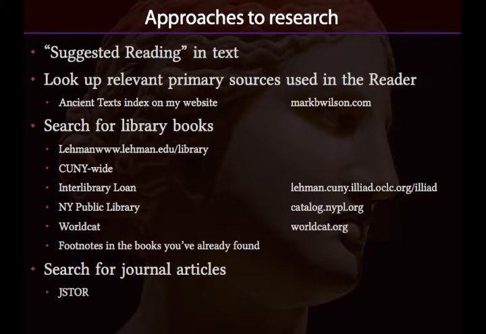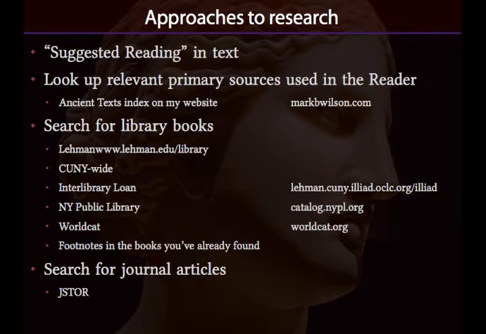It might be particularly useful to search for other journal articles that are more tightly focused on what it is that you want to say. Books tend to be about general subjects, and journal articles tend to be about very specific questions. And so you can use the database search functions on the Lehman Library website to track down journal articles that are focused on particular problems and questions related to the topic that you have at hand.